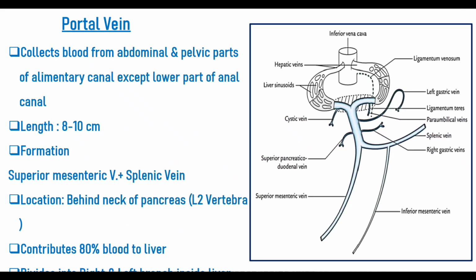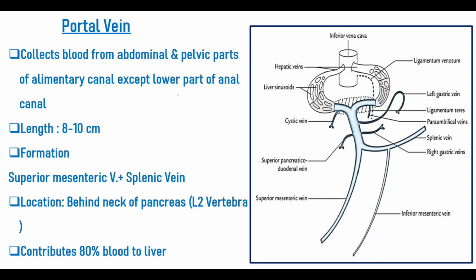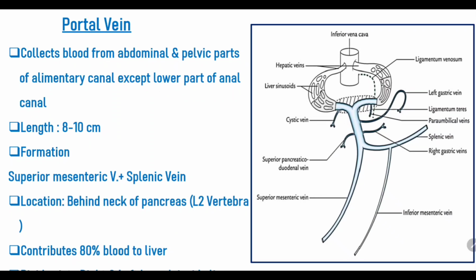The portal vein is the vein present in the abdominal cavity, which collects the blood from most of the alimentary tract except the lower part of the anal canal, and which gives blood to the liver. It is about 8 to 10 centimeter long. How is it formed?